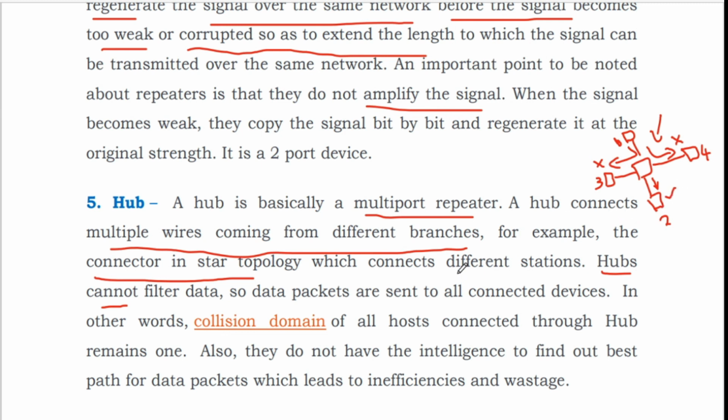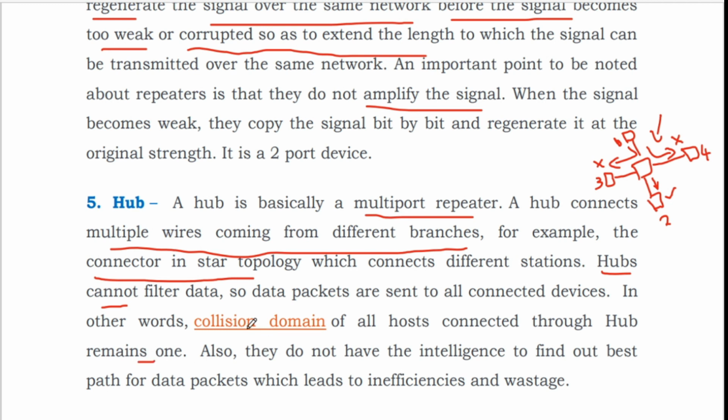This is one of the drawbacks we have with your hub. It transfers the packets it has received to all the computers. A packet is nothing but small information, a data packet, we call it, which is stored inside it. In other words, the collision domain of all the hosts connected through the hub remains 1.